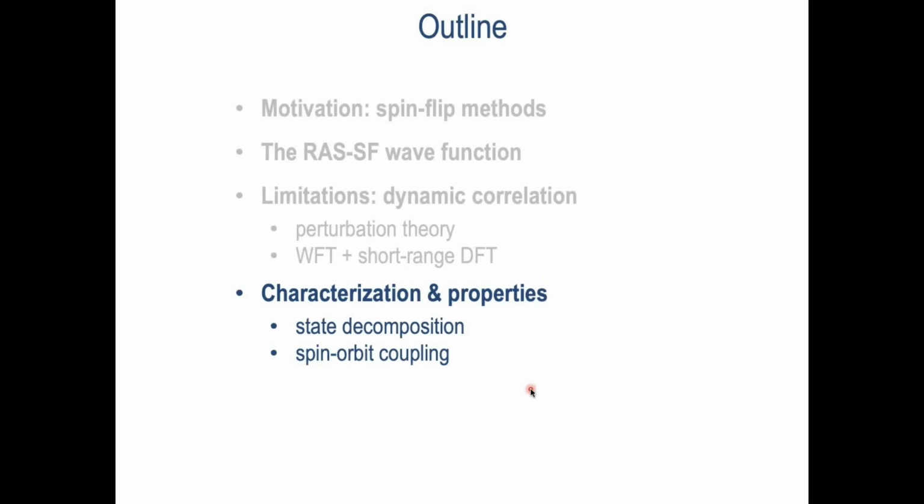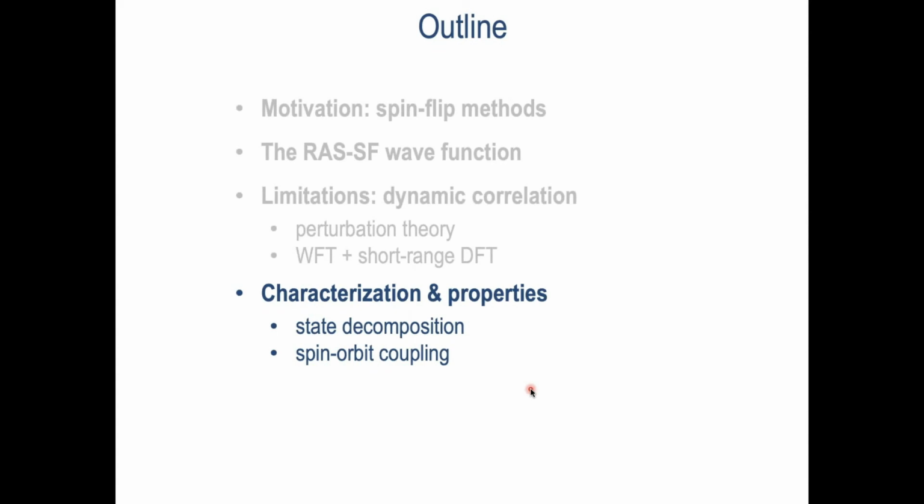So okay, so far I told you about the RASCI spin flip method, and I've been discussing this problem that we have with dynamic correlation and different, I would say, partial solutions to this problem.